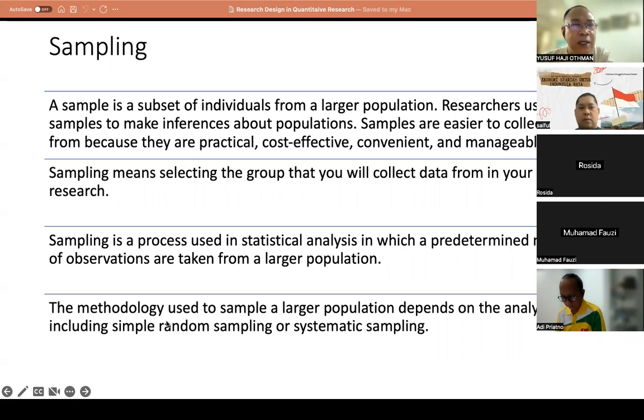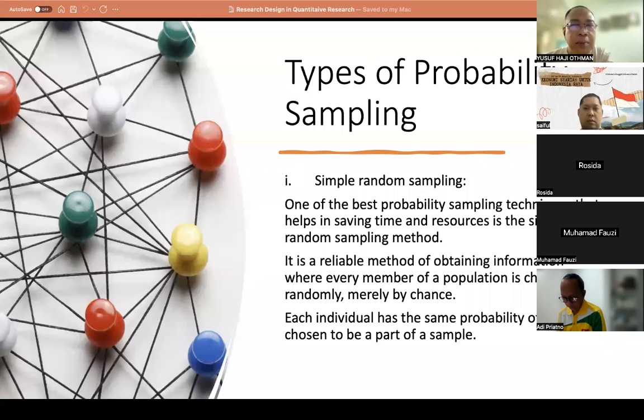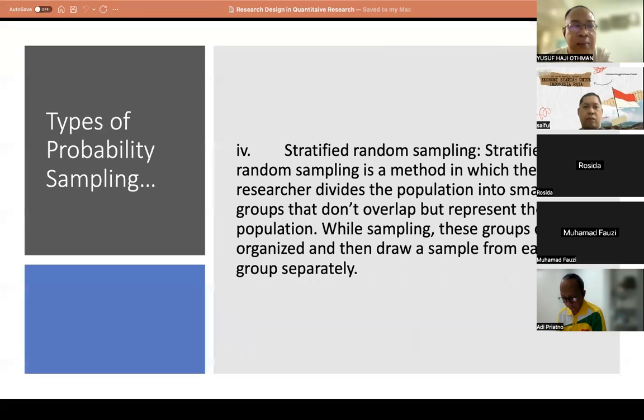So we have probability sampling and non-probability sampling. There are basically 4 types of probability sampling: simple random sampling, cluster sampling, systematic sampling, and stratified sampling.